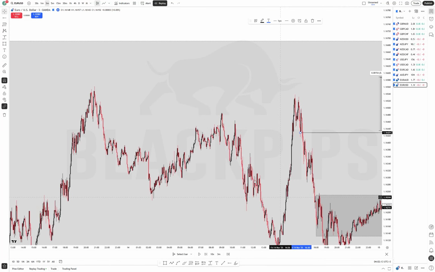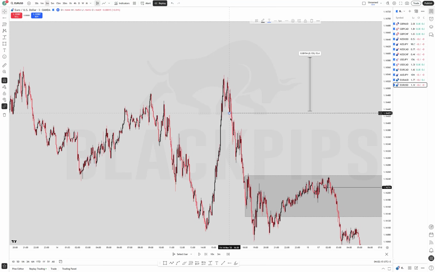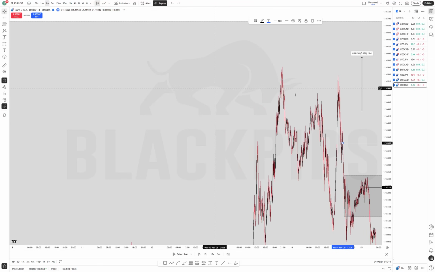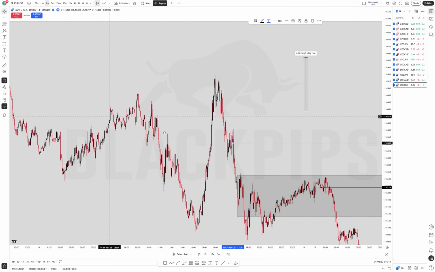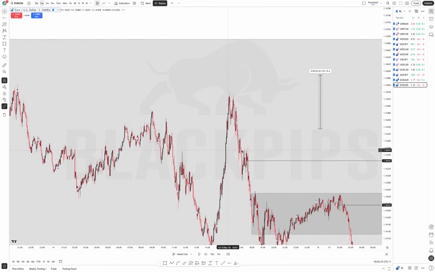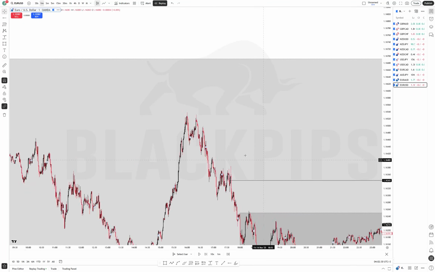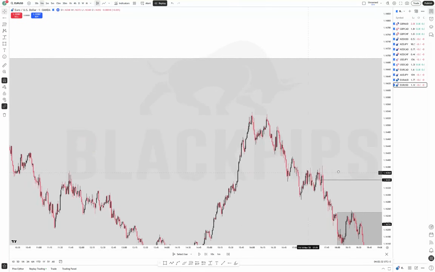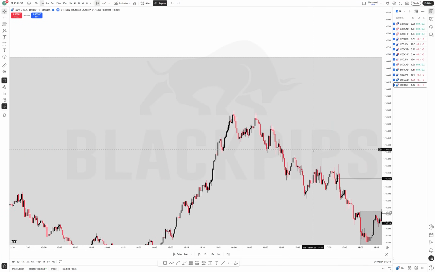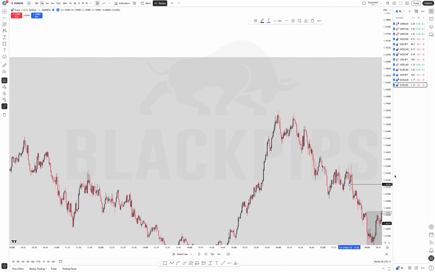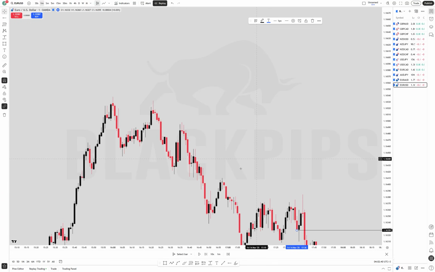So maybe we can consider this one as our main target area, I think, because we don't have any remaining liquidity up here. So maybe we can go back again to the 1 minute time frame to see if we still don't have any remaining liquidity up here. And what you can see, guys, is that the market says you still have to consider this as your main target, because up here all the liquidities are already taken.